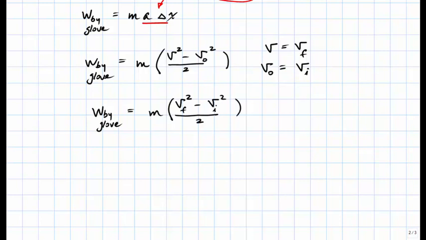Now, we're going to distribute the mass into the parentheses.